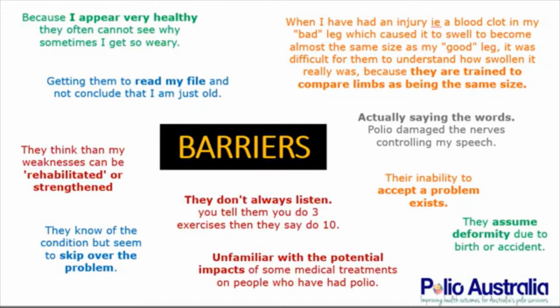They assume deformity due to birth or accident, and if you were to do that to a polio survivor, you'd be considerably undercutting potential for improvement and hitting the nail on the head in terms of treatments that are most likely to have an impact. Now, of course, some polio survivors have been in accidents and may have had a birth defect as well, but if they do state that they've had polio, roll with that.